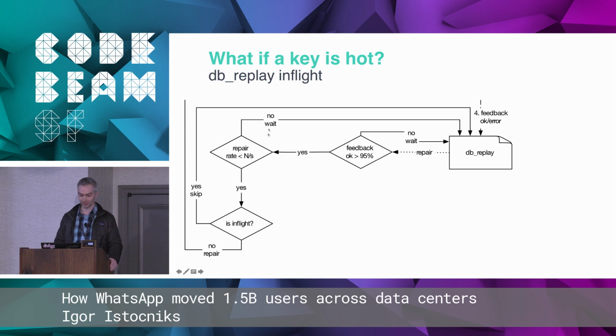Before actually trying to repair the key, we would put it into a hash table that says, OK, I'm currently trying to repair this key. Every time we get the feedback for that key, we would remove it from the hash table. If we get the same key and it's in flight, we don't really need to do anything with that key, right? Because it's in flight. We already tried to repair it, so we can just skip it and move on.